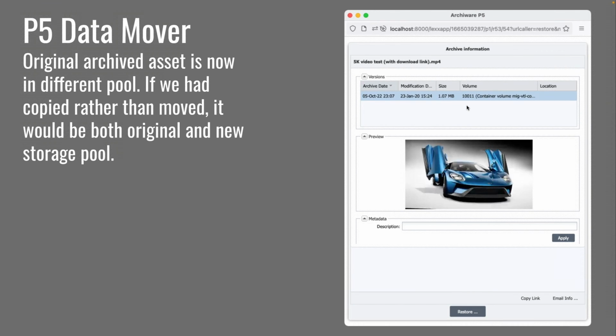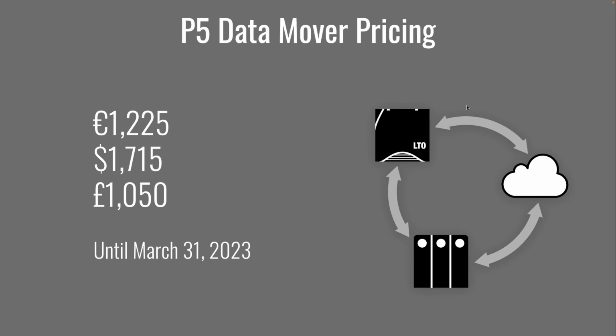If you do make a second copy of your data using this data mover tool, then when you're restoring, you can choose which pool you want to browse, and that would mean that the recovering data would come from the pool that you selected. So you could either browse your LTO on-prem pool or your cloud pool, for example, and then anything that you restore will come from the respective pool.